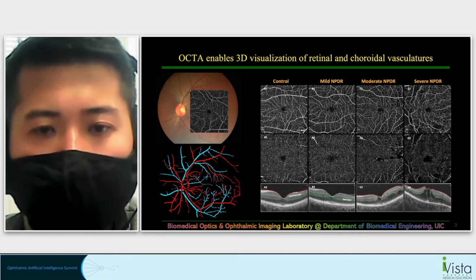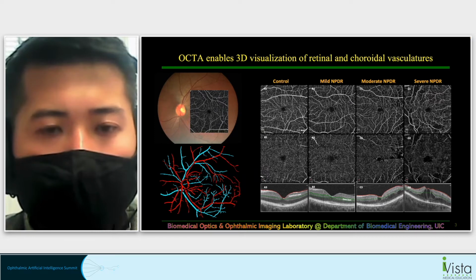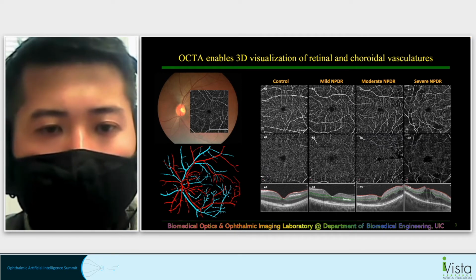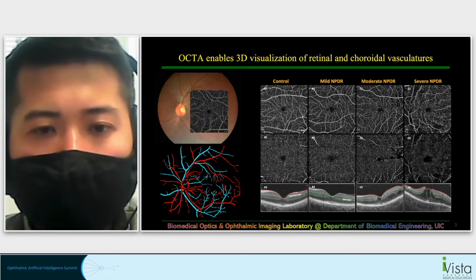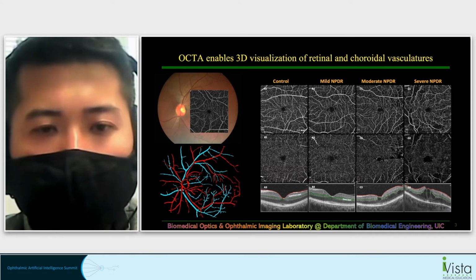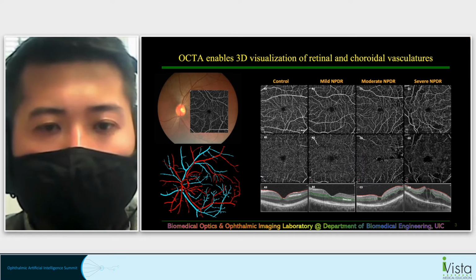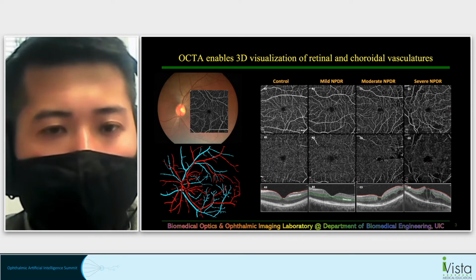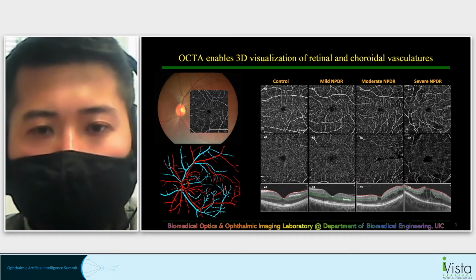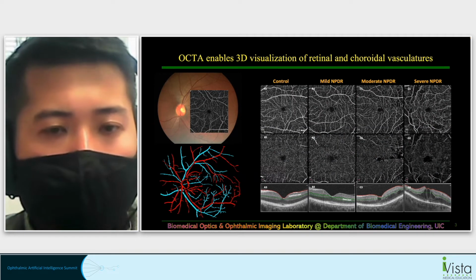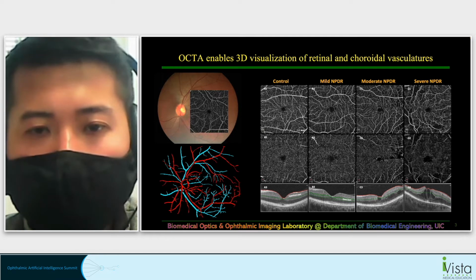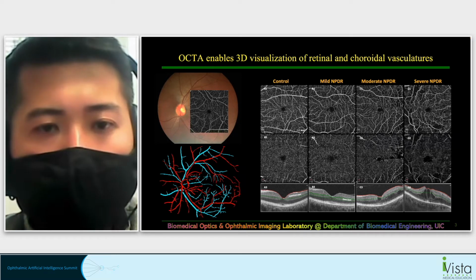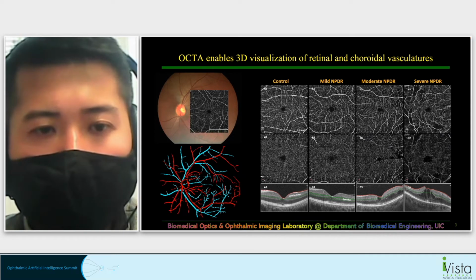There are many imaging modalities that can be used to visualize the retinal vascular changes from different eye diseases, such as fundus photography, optical coherence tomography, OCT, and recently, OCT angiography, OCTA. OCTA is an imaging modality that can enable 3D visualization of individual retinal vascular layers in high resolution.